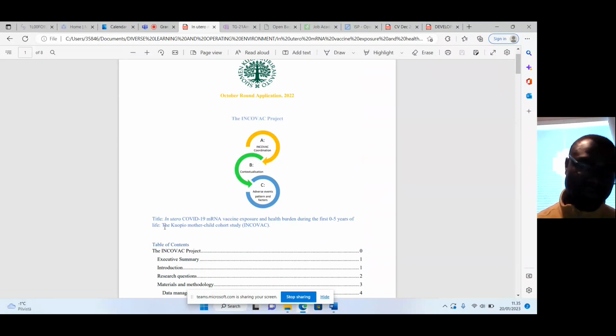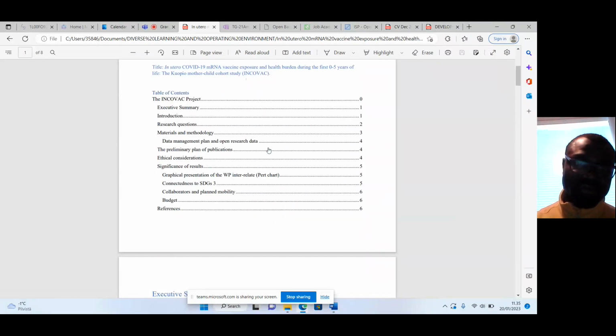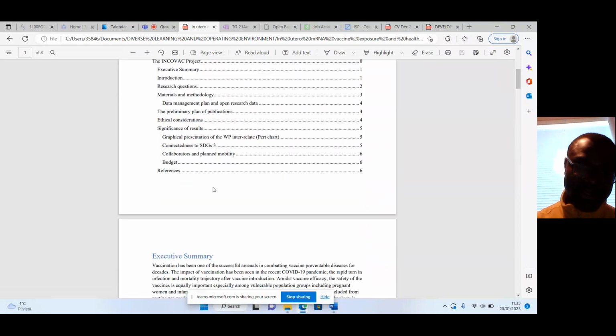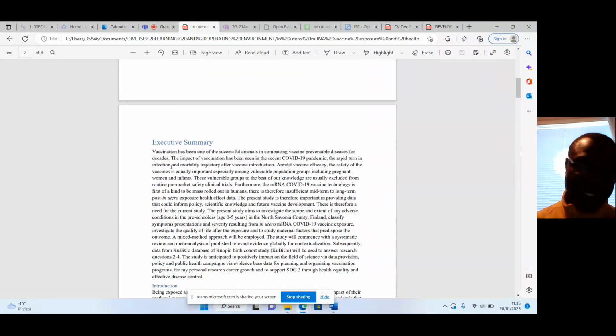And then when delivered, in the first 5 years, 0 to 5 years of life, we want to see whether there are any adverse effects or any issues worth considering. And so the title is very clear for the application to be submitted. And then here is a table of contents for the application, and then the executive summary as I outlined in the toolkit.